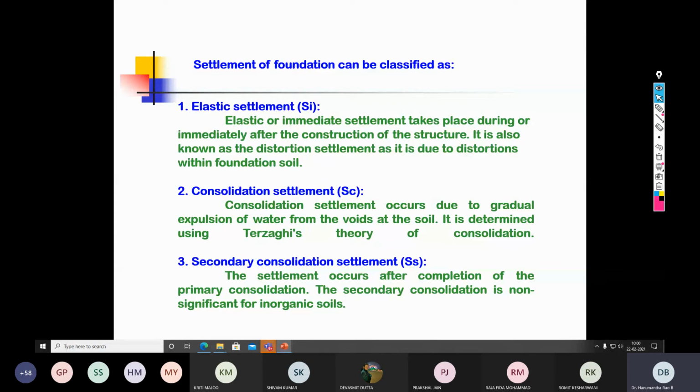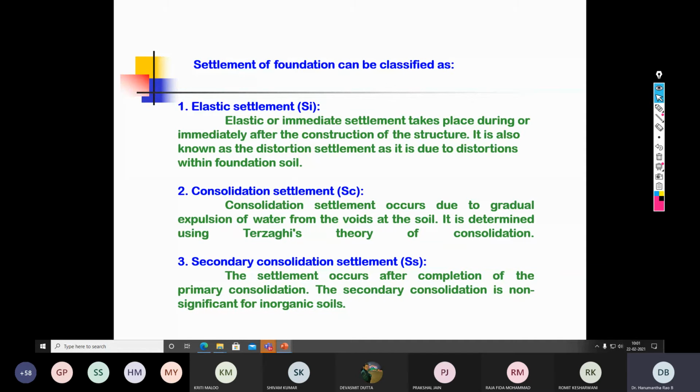As you know, consolidation can be defined as the reduction in volume due to expulsion of water from the voids. That means it has nothing to do with the soil grains; it has to do with the water. As water gets expelled from the soil sample, the reduction in volume is occupied by the soil particles, meaning there is a readjustment in the soil particles.